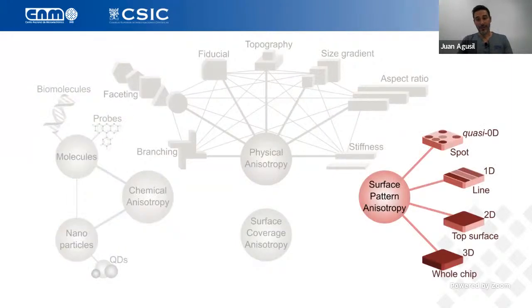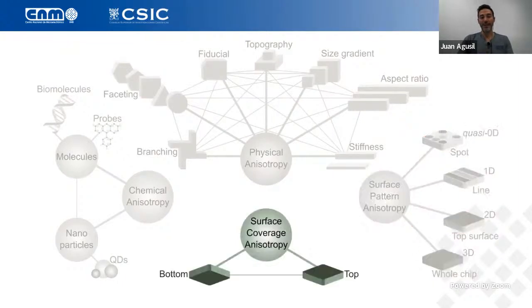Then, thanks to the advancement in technology, we can create these chemical anisotropies in certain areas of your substrate, creating certain patterns in 0, 1, 2, or 3D formats. And finally, in microparticles or also in small substrates, you can pattern the top or the bottom surfaces.